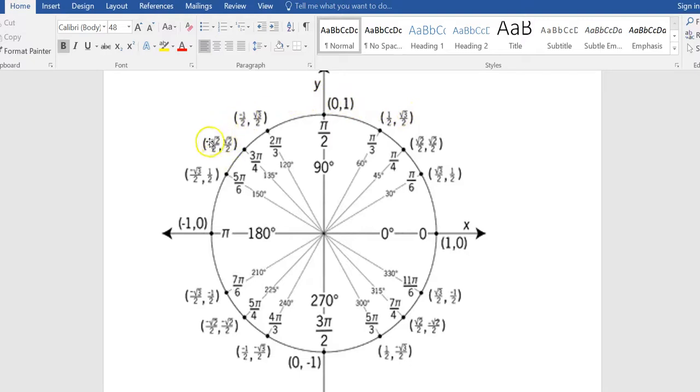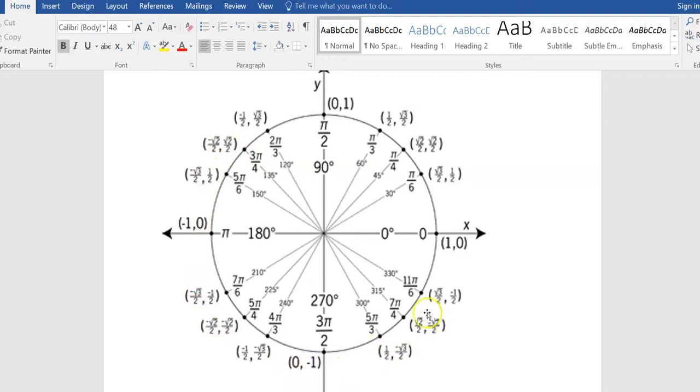So look at right here. If I add those two values together, my cosine, which is this, plus my sine, which is this, those add to 0. So is there anywhere else that would take place? We know one of our answers is going to be 3 pi over 4. Where else would that take place?